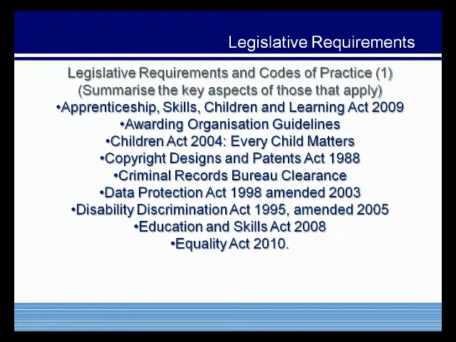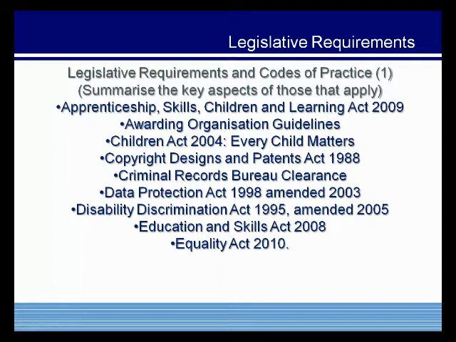Legislative requirements and codes of practice. Now, any of these requirements, any of these codes of practice or laws that apply, you must summarize the key aspects of those that apply to your particular learning environment.